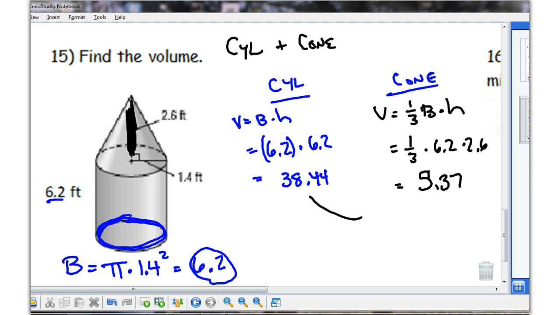Yeah, so when we add those together now, because we want the volume of the whole thing, 38.44 plus 5.37, I ended up getting 43.81 feet cubed.